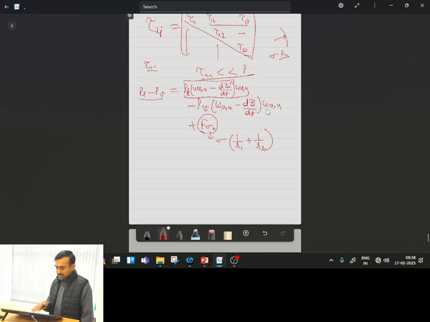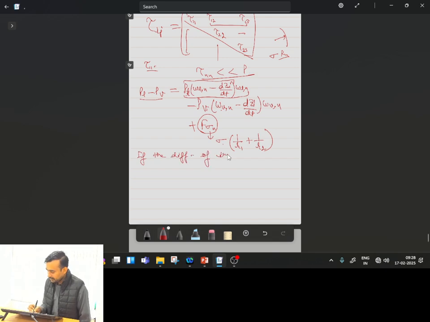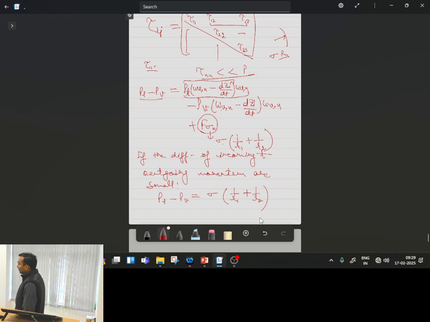So though this is the detailed equation in the normal direction, if the difference of incoming and outgoing momentum is small, then PL minus PV will be simply equal to sigma into 1 by R1 plus 1 by R2, the way we see in case of curved interfaces, for example drops, bubbles and other geometries.